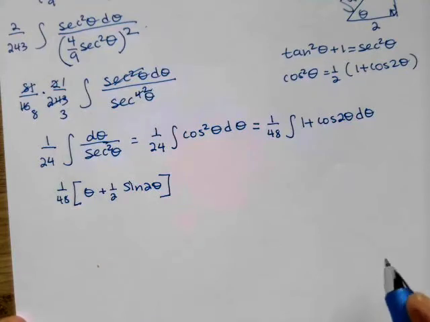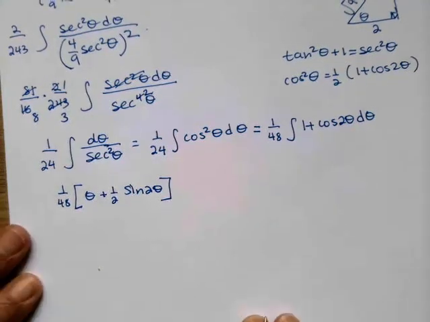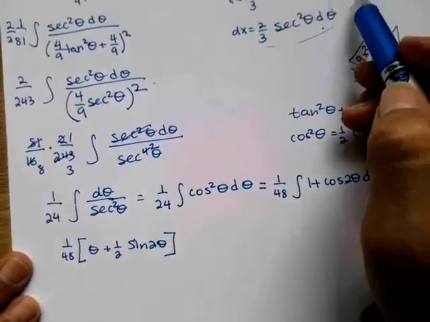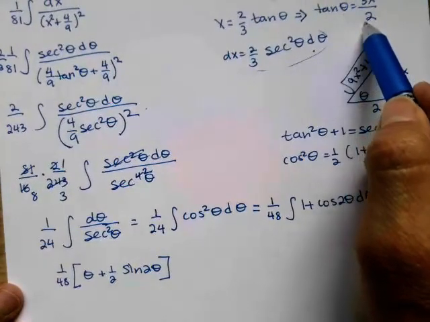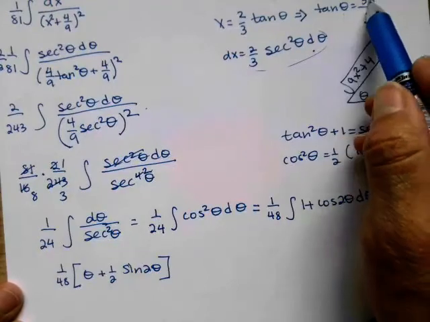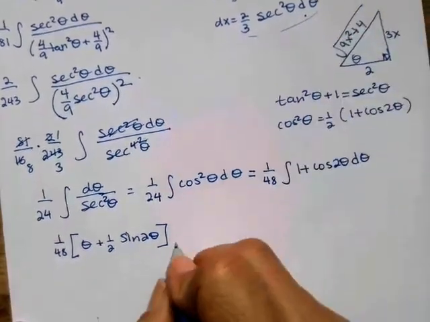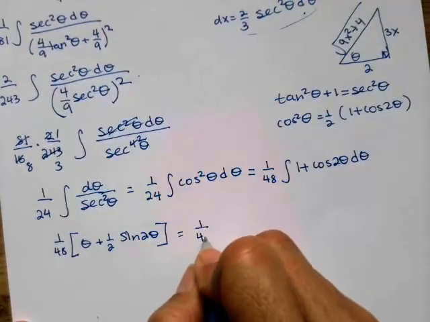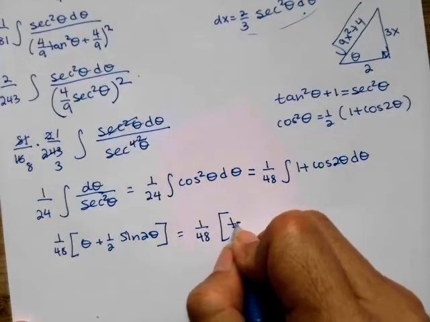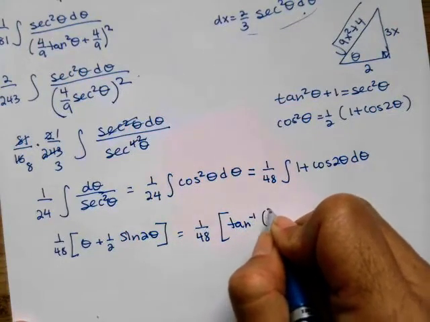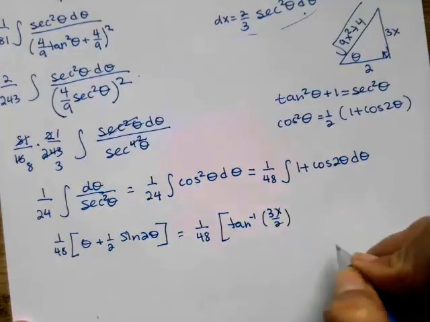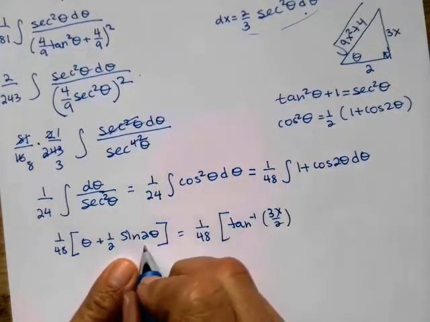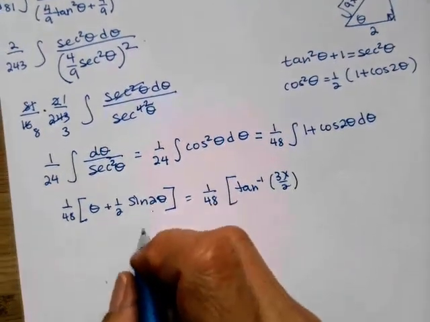And now we need to get back to x's. Okay, that's way back here. So here's my tan theta is 3x over 2, so theta is going to be the inverse tangent of 3x over 2. And now I still have that sine 2 theta. So do you remember what that was?